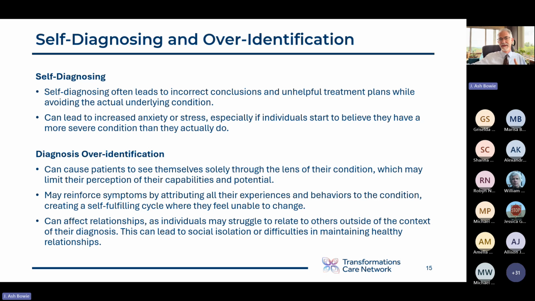If progress is being made, then does that mean I don't have this diagnosis anymore? But if I'm emotionally invested in having this diagnosis, maybe because I get secondary gains from it, right? It means, by identifying and broadcasting that I have a certain diagnosis, I get certain kinds of attention, or I can say I'm a part of a certain kind of group. That can impair the therapeutic process.